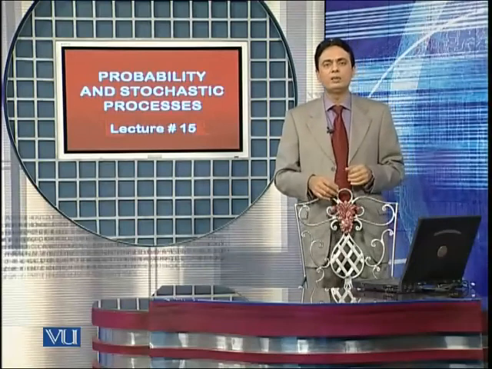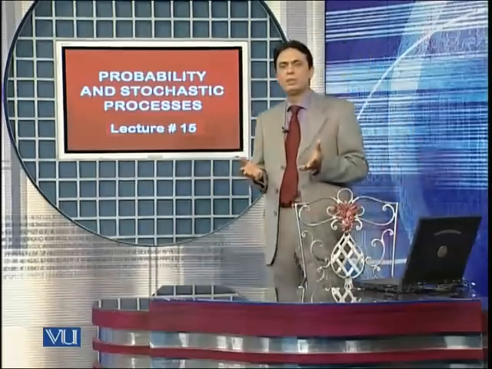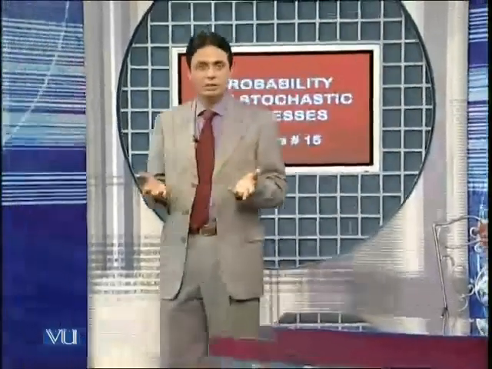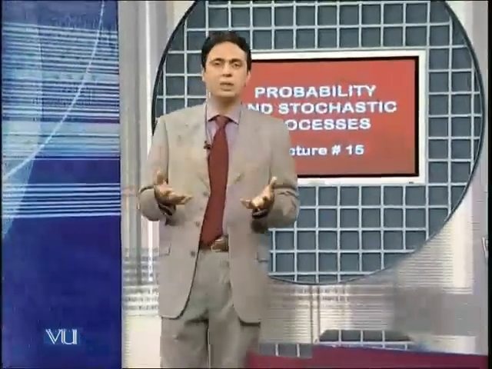So the longer you wait, the less is the probability that you have to wait much longer. If you have waited for 3 minutes, the probability of having to wait an additional minute is smaller. If you have waited for 5 minutes, then the probability of having to wait an additional 1 minute is almost 0, because in the next minute the train is going to arrive. And if you have waited for longer than 5 minutes, say 5.5 minutes, then the probability of having to wait an additional minute is definitely 0, because within 30 seconds the train is going to come.